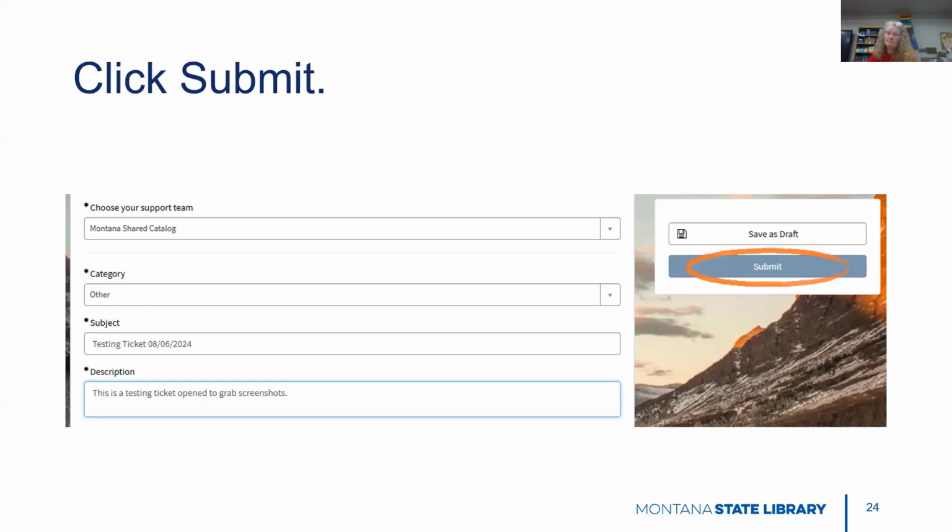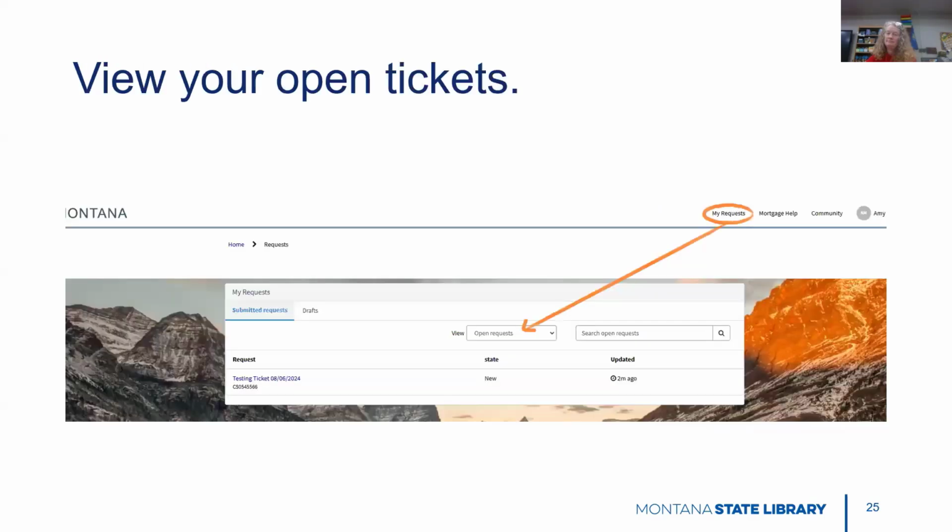But what if you want to come back later and view your tickets? Well, you can log in to Okta once again. Amy very kindly provided me with screenshots. She's logged into her account, but highlighted at the top of the screenshot is the My Requests page.